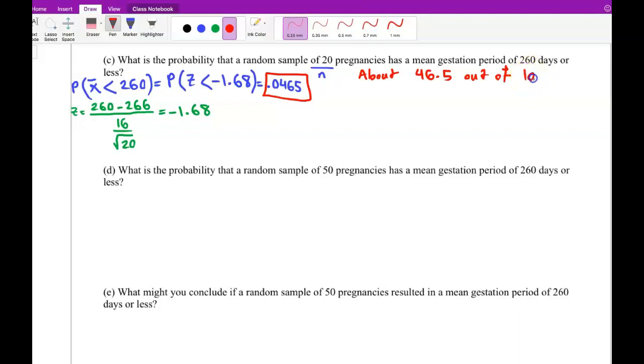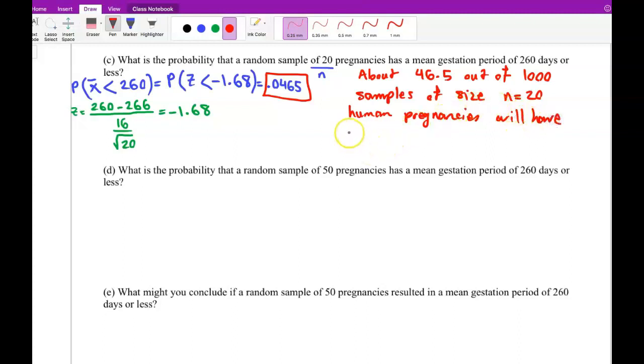So out of 1000 samples of size equal to 20, about 46 have a mean less than 260 days.